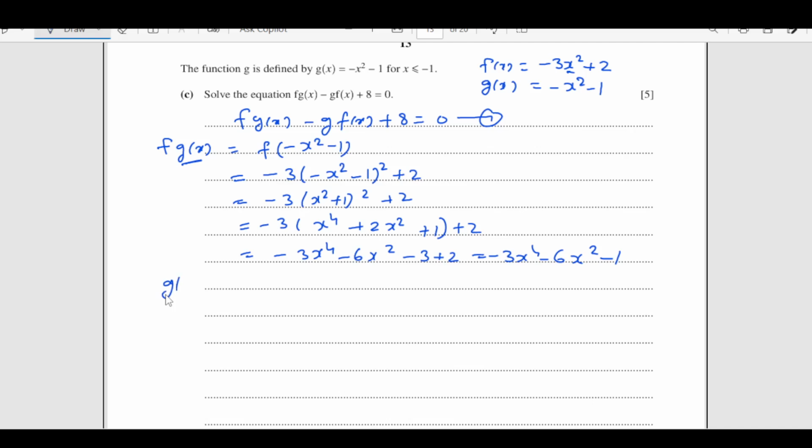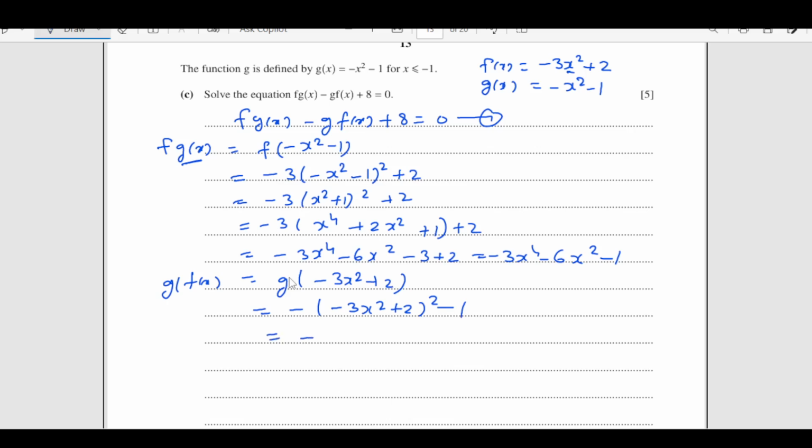Now we will look for g of f(x). g of f(x) is, we are just replacing f(x) by negative 3x squared plus 2, then minus the bracket 3x squared plus 2 squared minus 1.